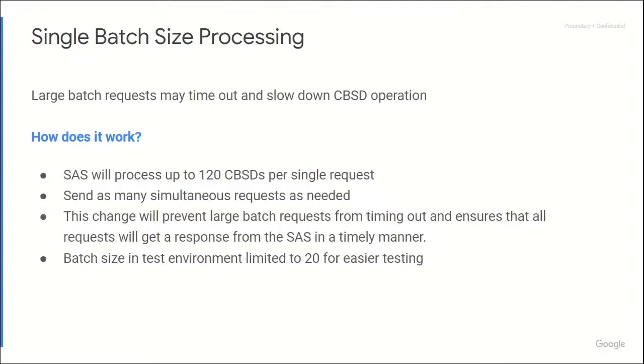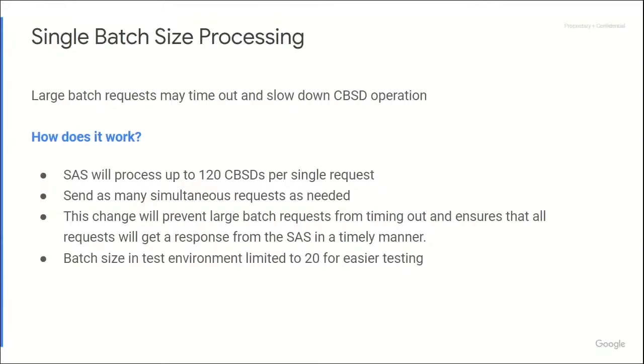So whereas before there was an unlimited amount of CBSDs that you could request from the SAS, we've decided to make it so that you have to batch these requests together. And the maximum number of devices that we will process is 120 CBSDs per request.